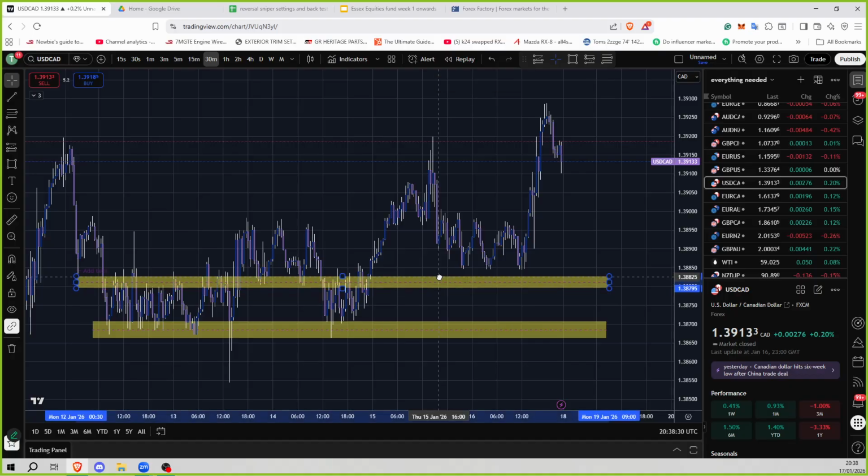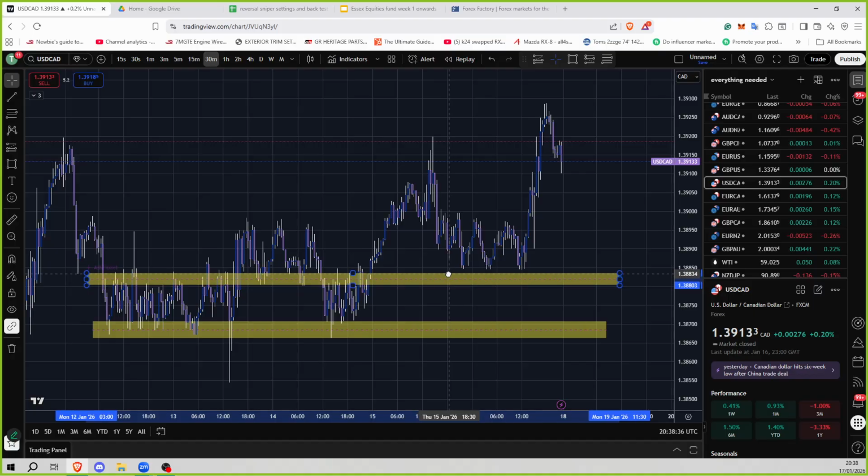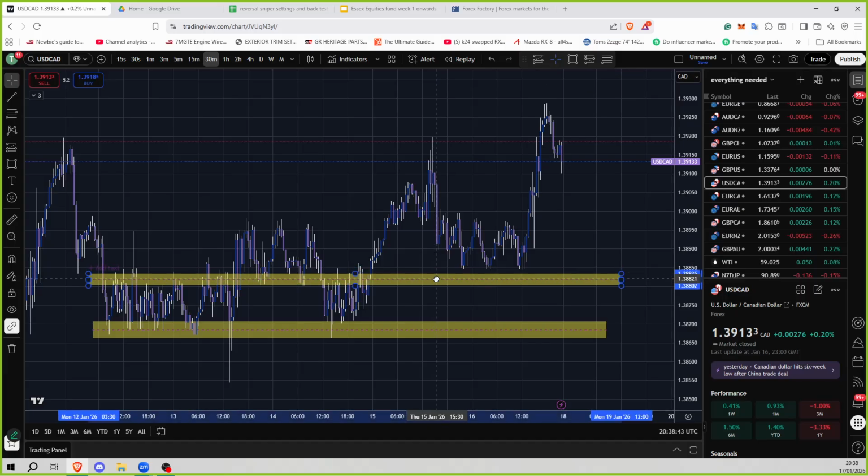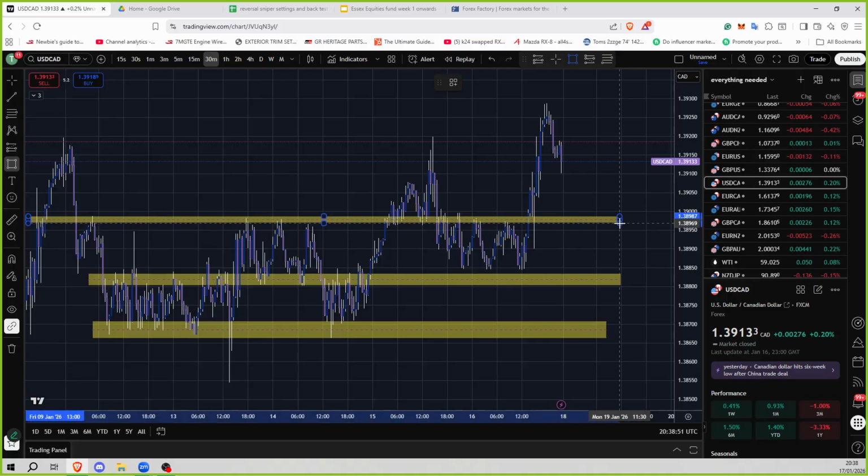Might actually drag that up slightly higher, like there-ish. I kind of want it to touch, so probably like that. Or I'd end up making that one slightly wider, either or. Again, we can just pick up straight through here somewhere, about there.